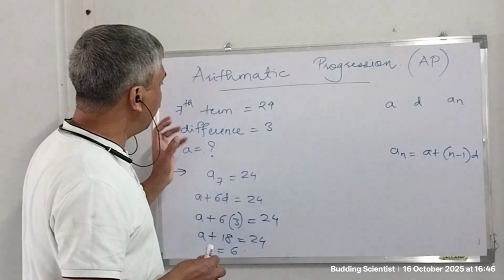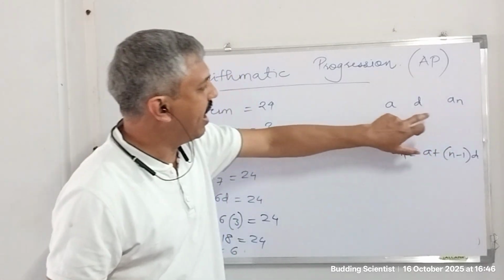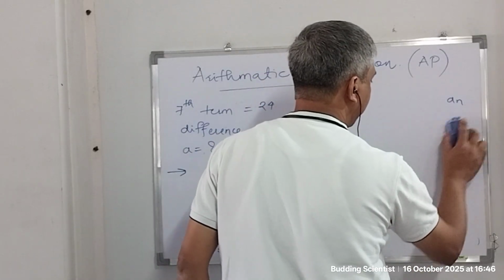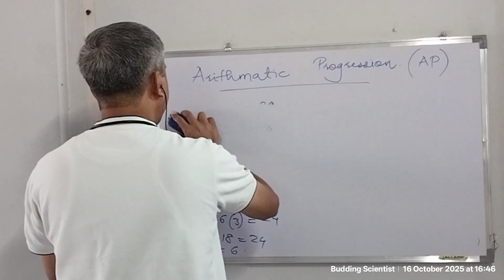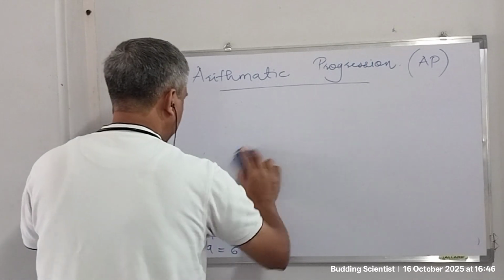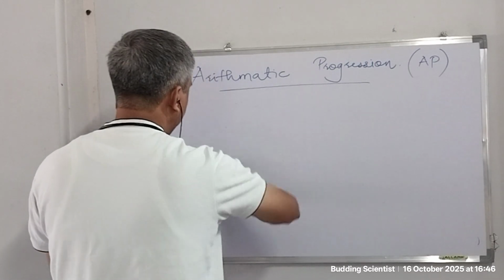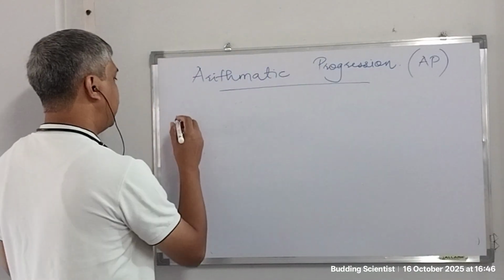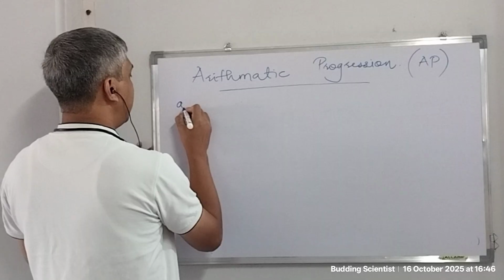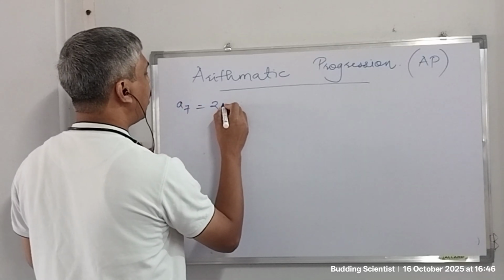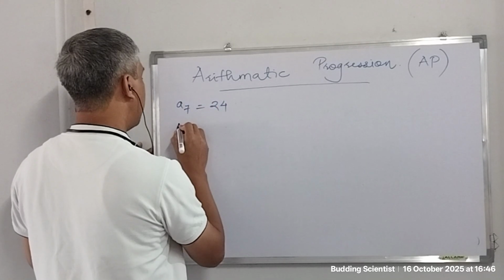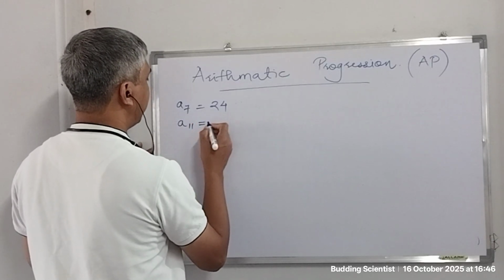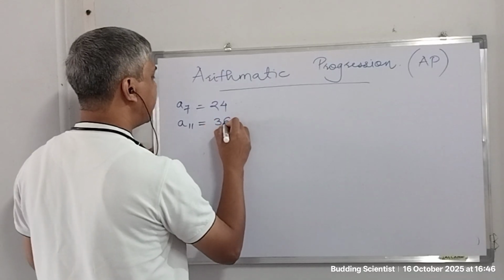But what if you only know An and A and D both are not known? Is it possible to find out? Let's see. So we have in an AP, A7 is equal to 24 again, and A11 is equal to 36.